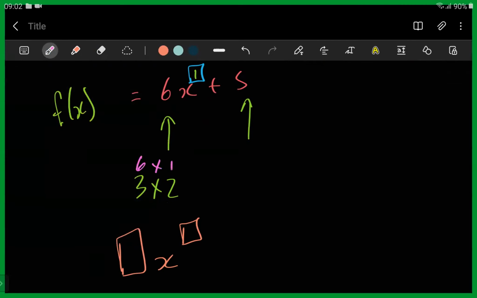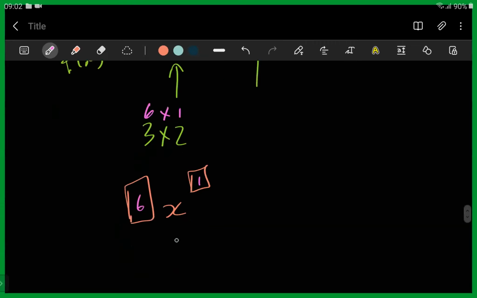So in that situation, this can either be the 1 or this can be the 6, or vice versa. This can be a 2 or this can be 3, or vice versa. So if you start off with even trial and error, if you want to put a 1 here and a 6 here, this cannot be what it started off as, because if you had said 1 times 6, you would have had 6 in front, and then 1 minus 1, you'd have had a 0 here.